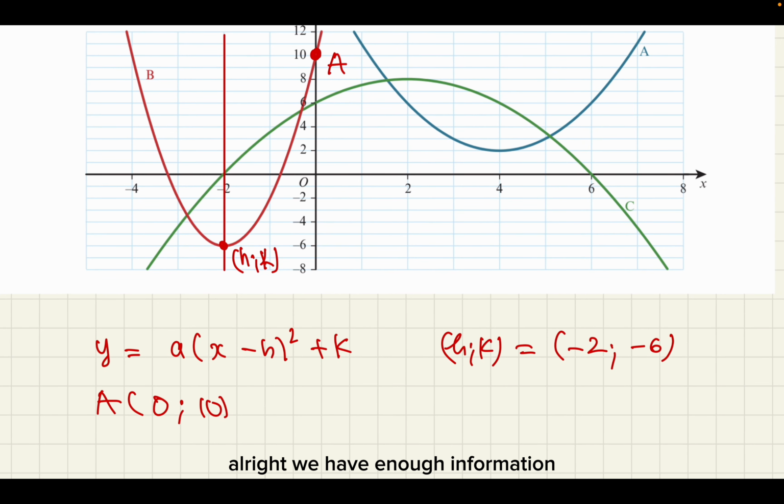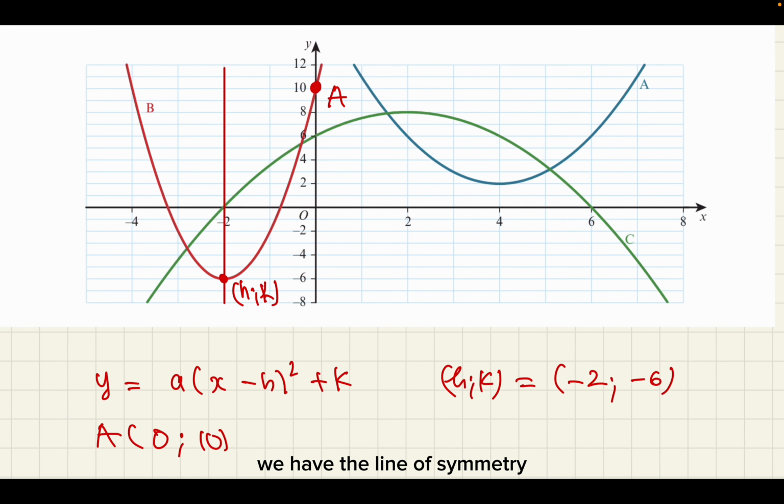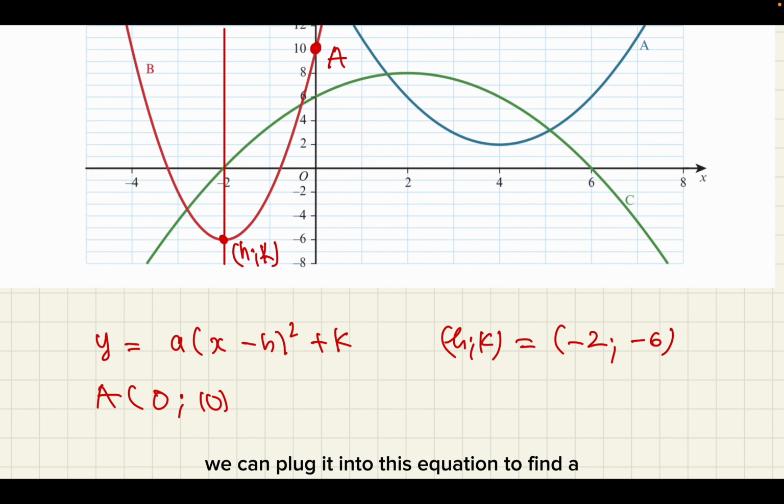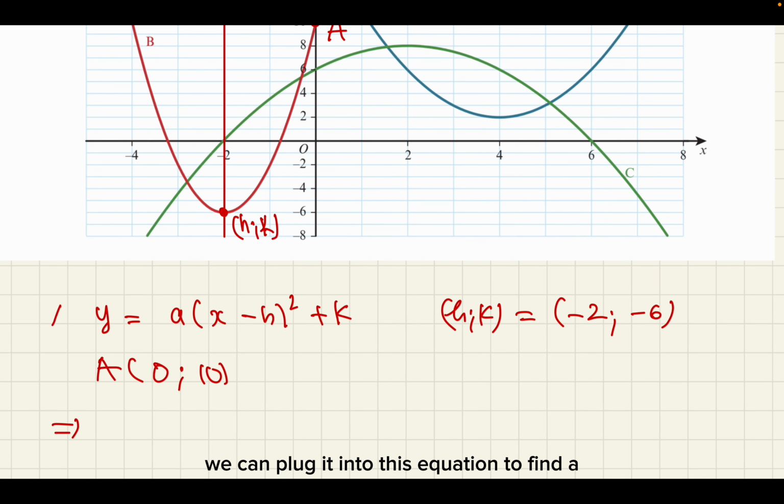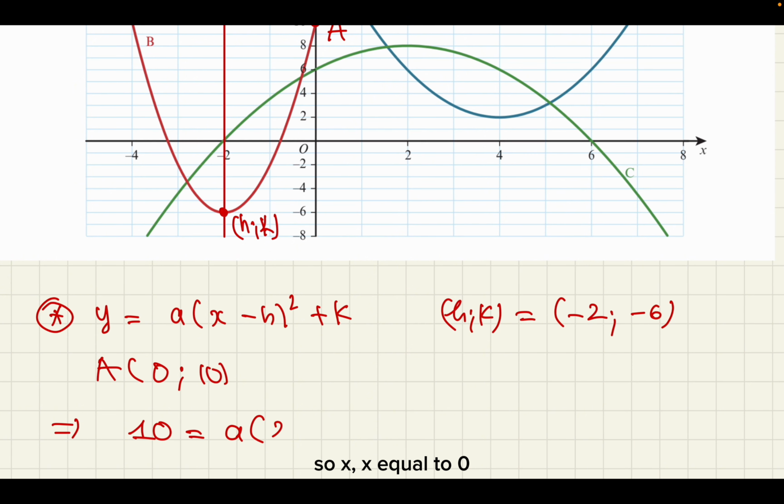Right, so we have enough information. We have the line of symmetry and we have the point. We can plug them into the equation to find a. The value of y equals 10, and a we don't know. x equals 0, so I'll write 0 here, minus h.